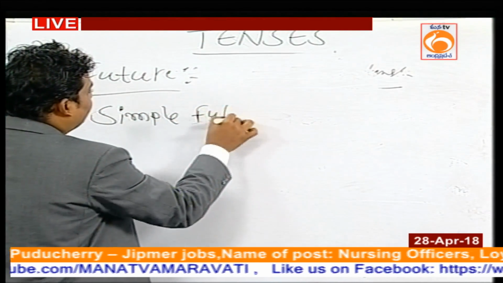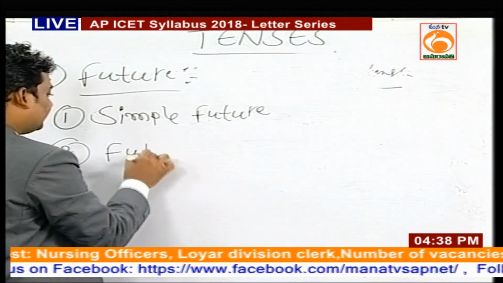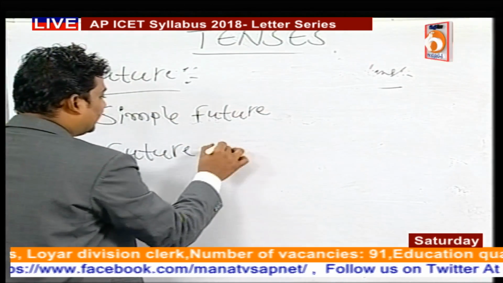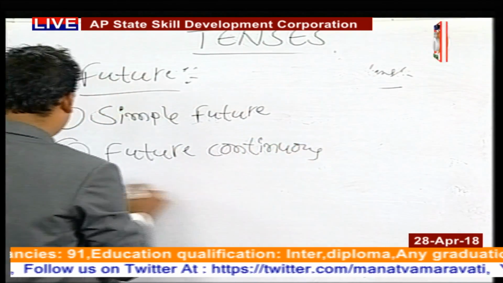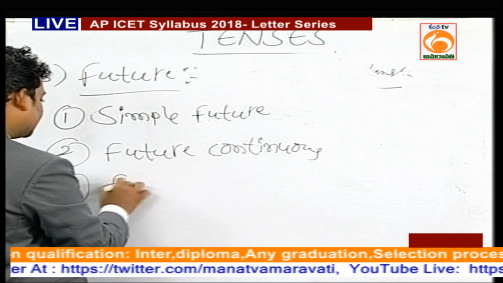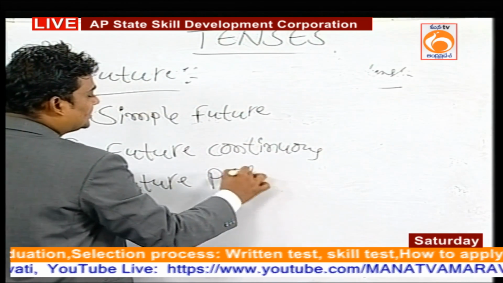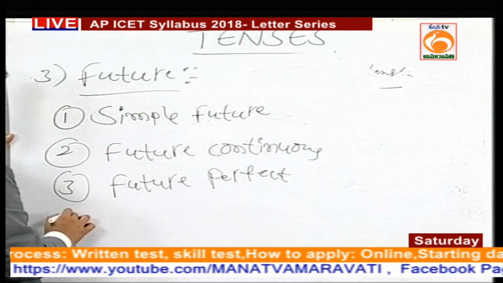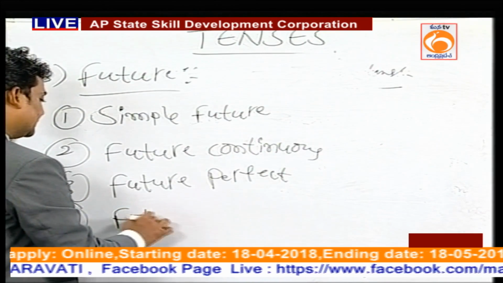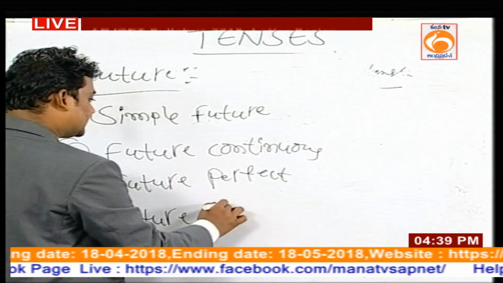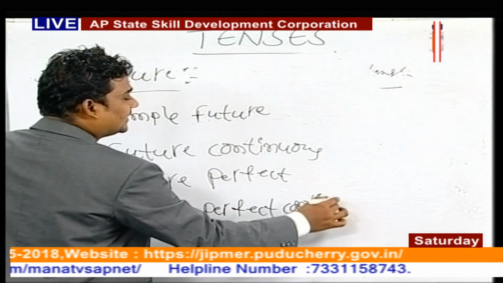The second one is future continuous, the third one is future perfect, and the last category of future tense is future perfect continuous tense.